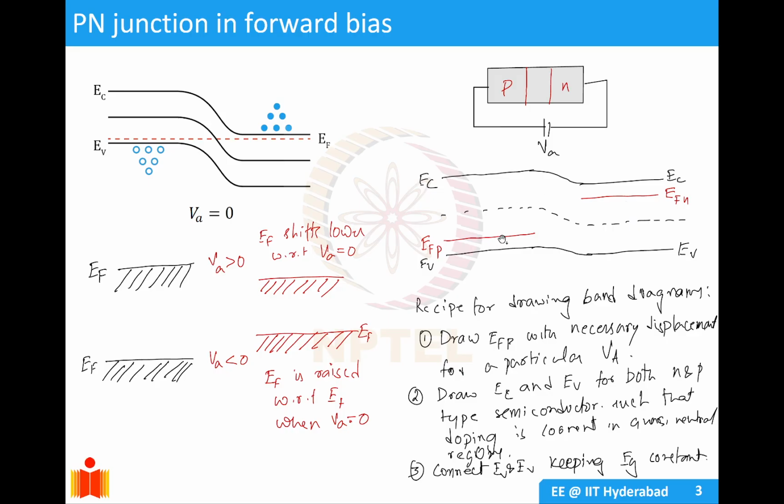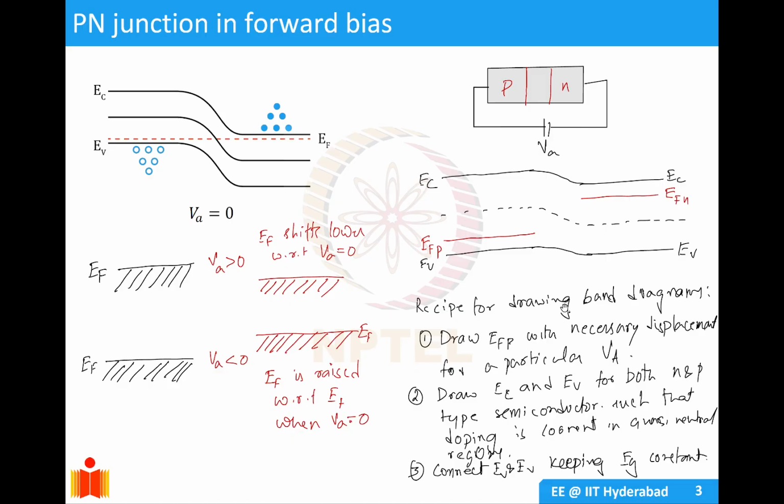You can see the quasi Fermi level in the P side, EFP, is at a lower potential than the quasi Fermi level in the N side, EFN, and the gap between the conduction band on the P side and N side has also reduced. So it makes it easier for movement of charge carriers from one side to another side.